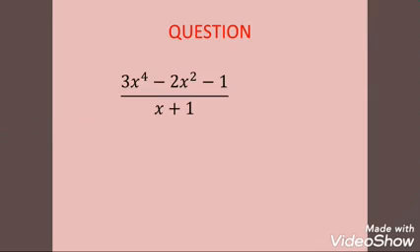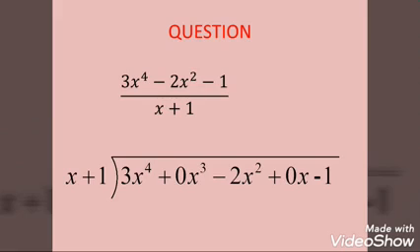Here I have 3x to the power of 4 minus 2x squared minus 1 all over x plus 1. We need to write this using the bus stop method. You can see that the denominator, the divisor, is outside the bus stop, x plus 1.